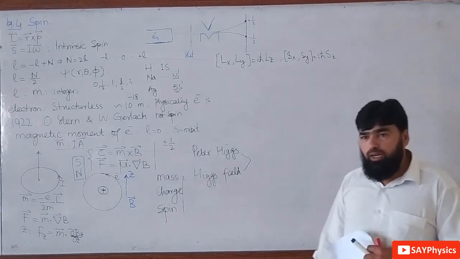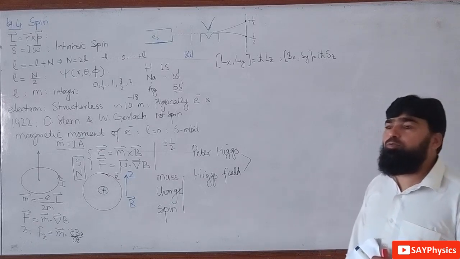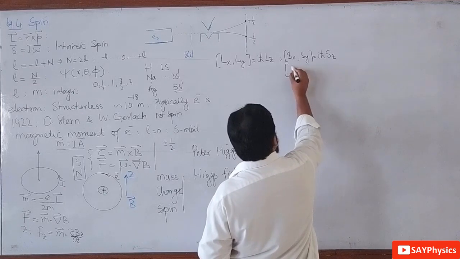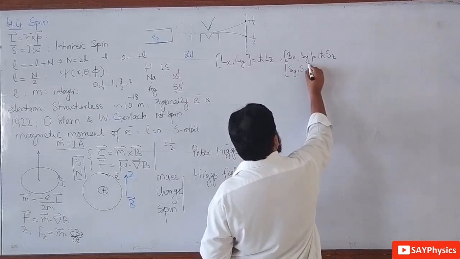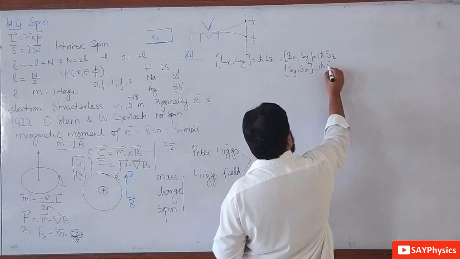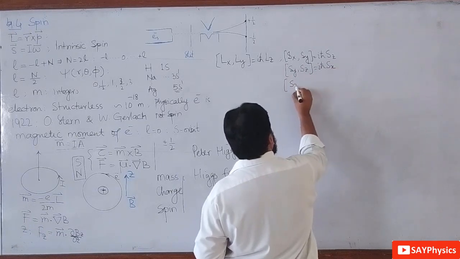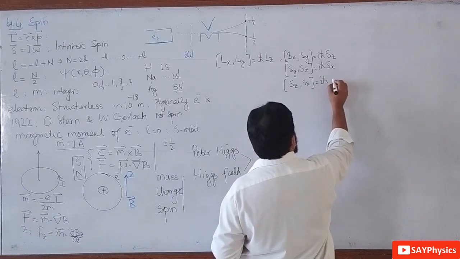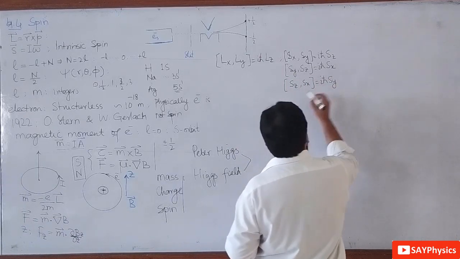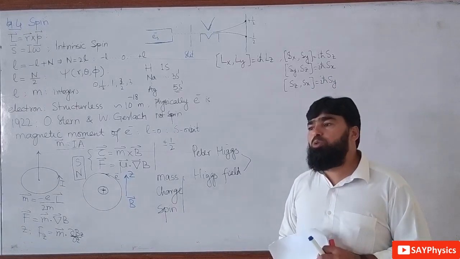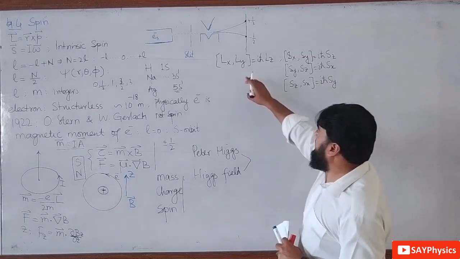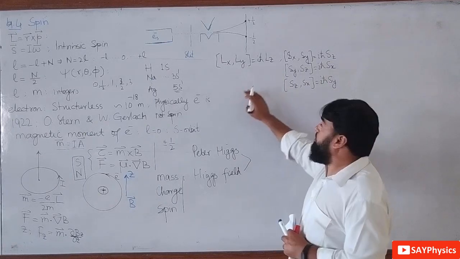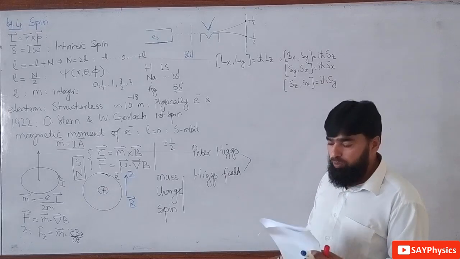It is also an angular momentum, so it will follow the same procedure, and similarly Sy, Sz will be i h bar Sx, and Sz with Sx will be the cyclic permutation of this, and it will be Sy. These will be true here as well.